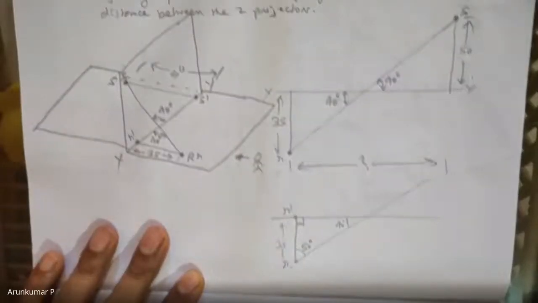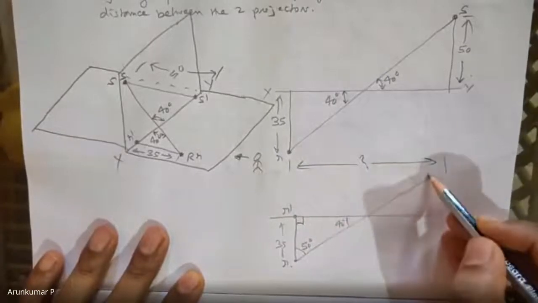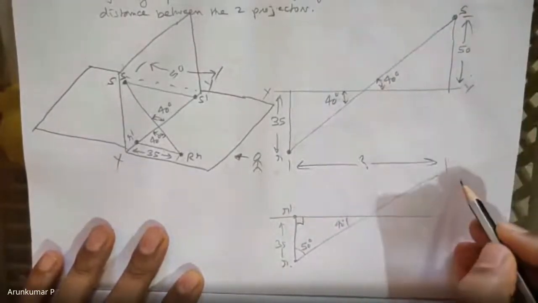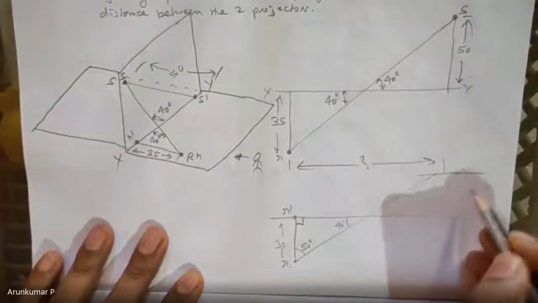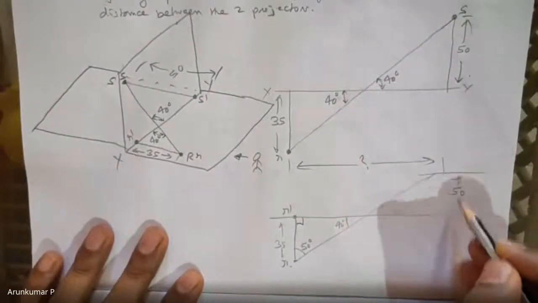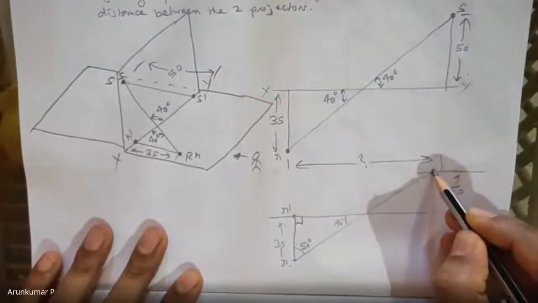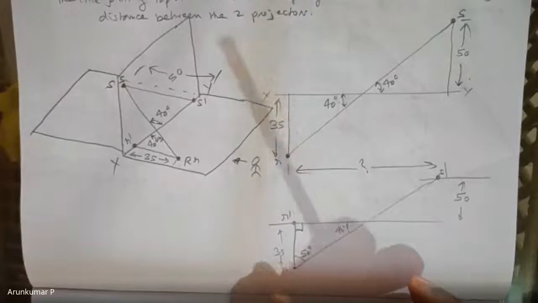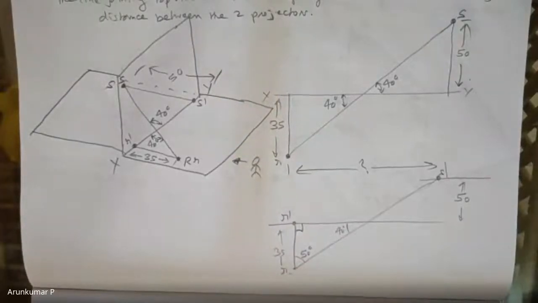So now you have to go on extending this. And where it cuts, to get the S, you have to draw a horizontal projector at 50 mm. Wherever the projector and this line intersect, this point is small s. Sir, I drew it, but I got 95. I'll check once. Around 100, 101 is what you get. Yes, sir. I'll check, sir. Sure.